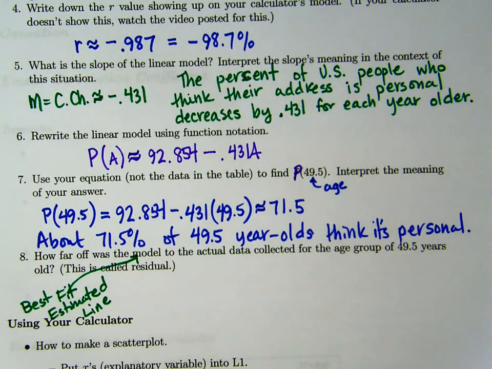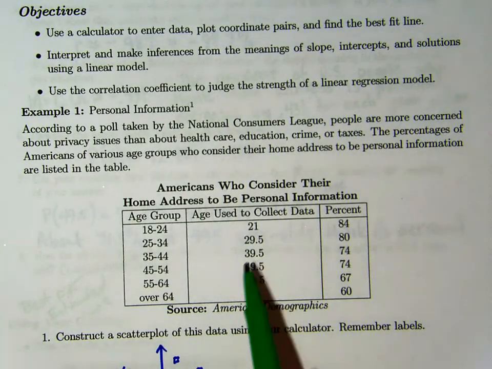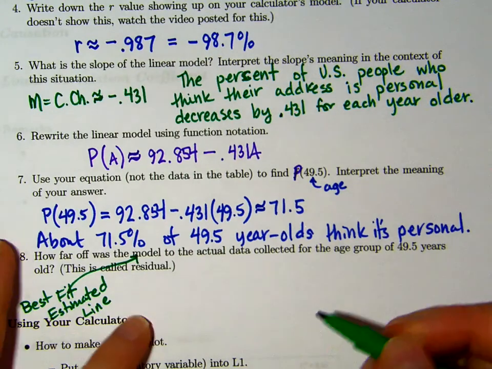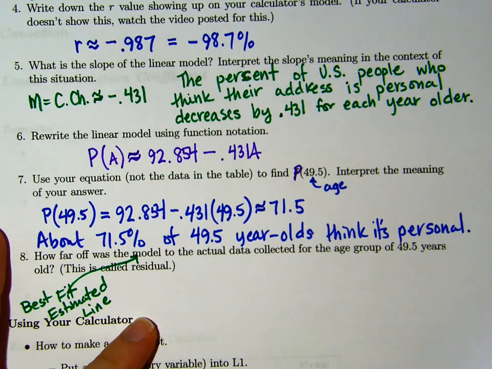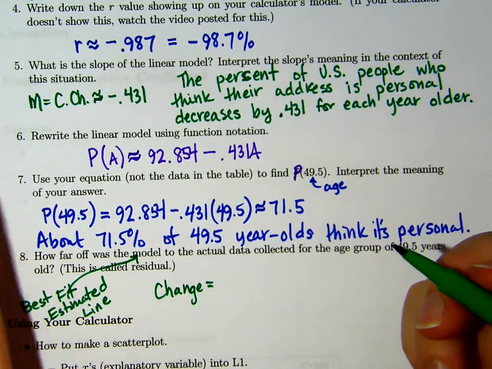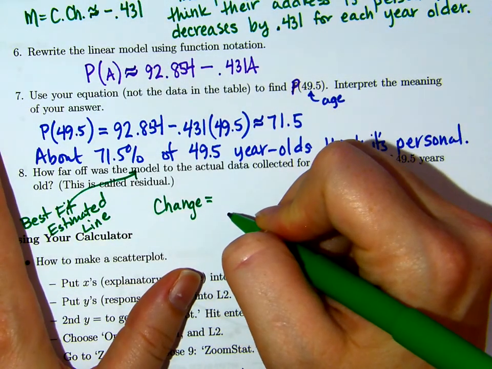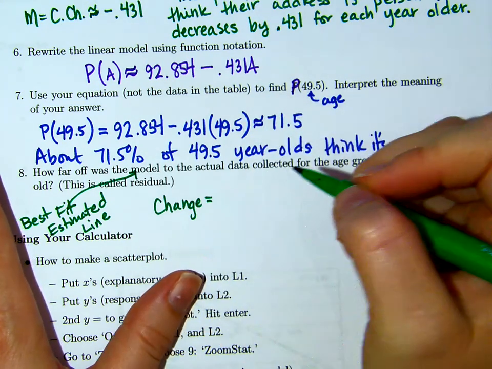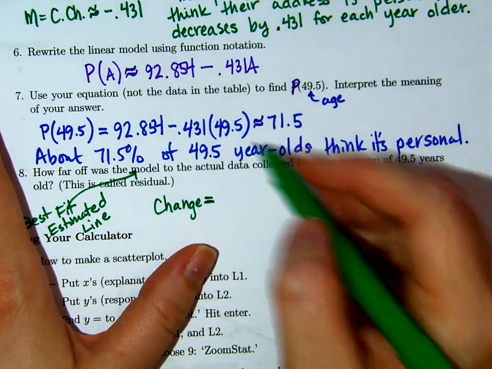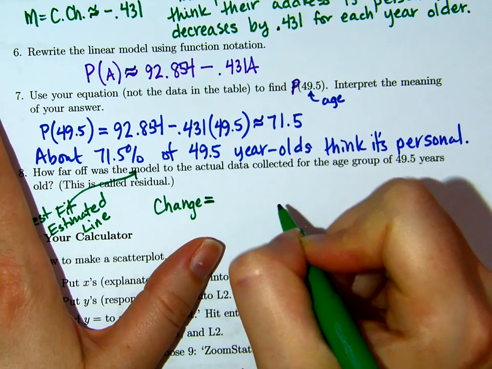So let's see here. We're going to go back to our data. And this 49.5 was actually 74%. Okay, so let's see. How far off? Well, I'm going to go change, which is the difference, it was really 74%. I'm going to use our formula that we remember about change, and that was new amount minus original amount.